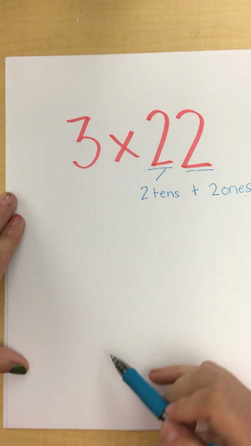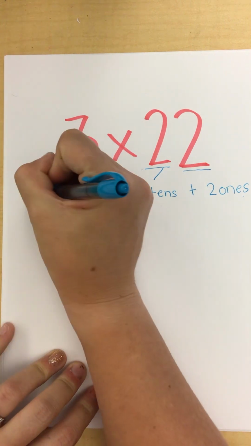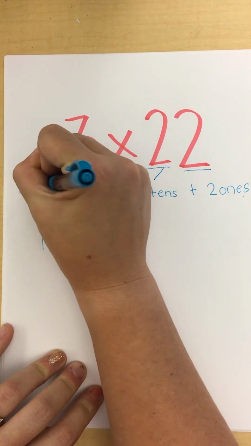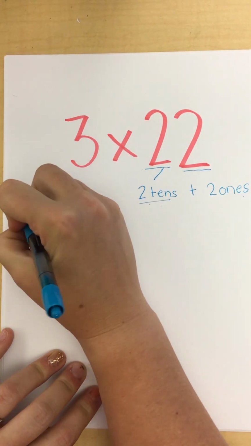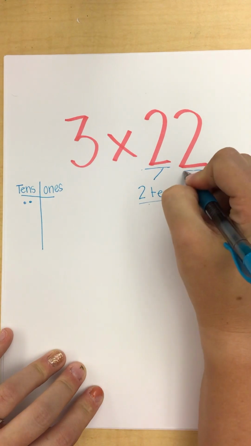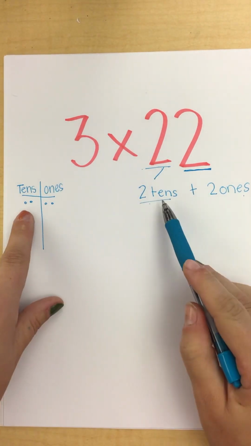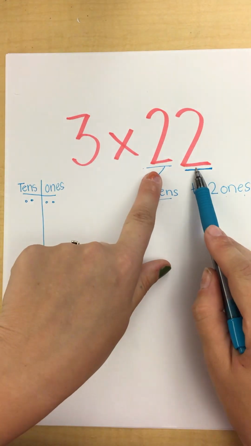Okay, 2 tens, 2 ones. If that gets a little confusing, you can always just draw your chart. Here's our tens and ones. So we have 2 tens in 22, so there's 2 tens, and we have 2 in our ones place, so 2 ones. And that is still showing that we have 2 tens plus 2 ones to make the number 22.